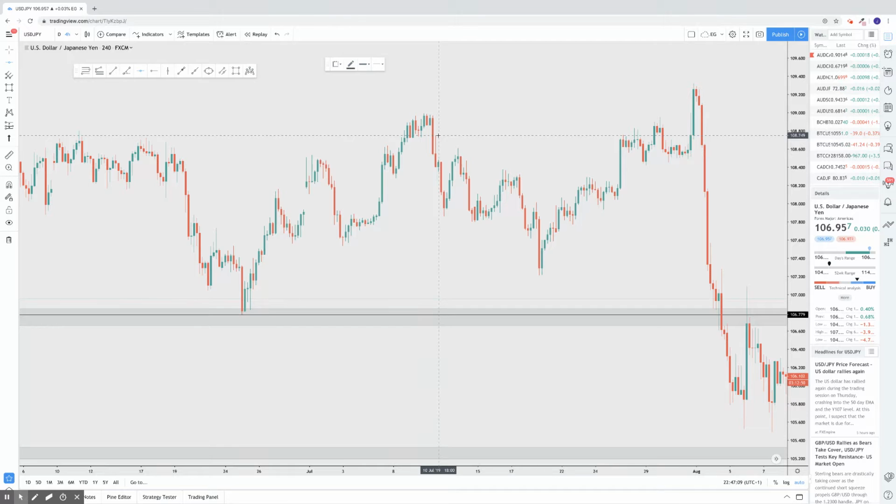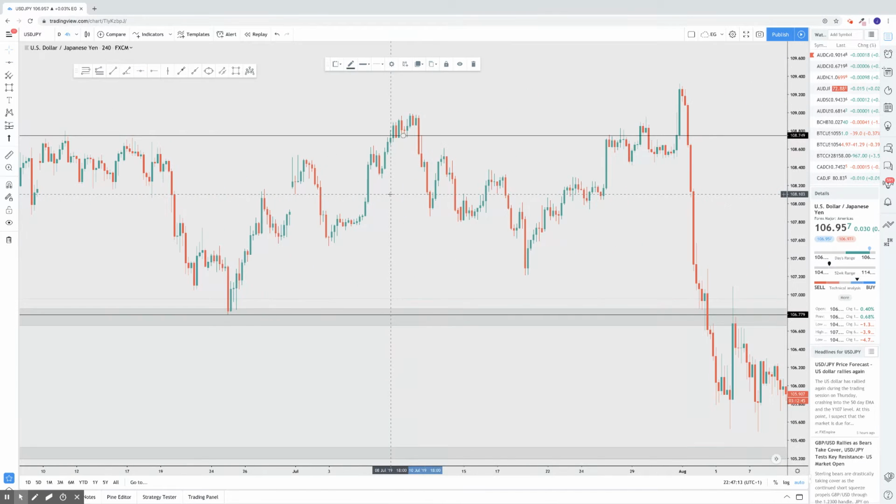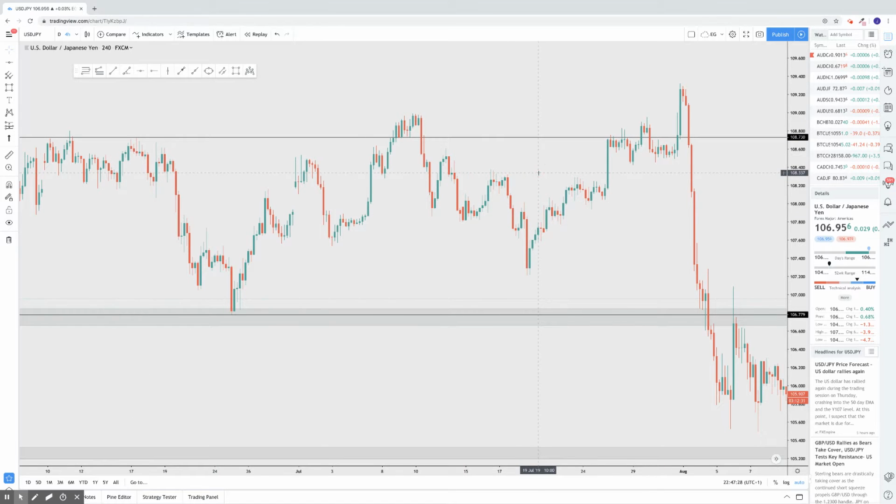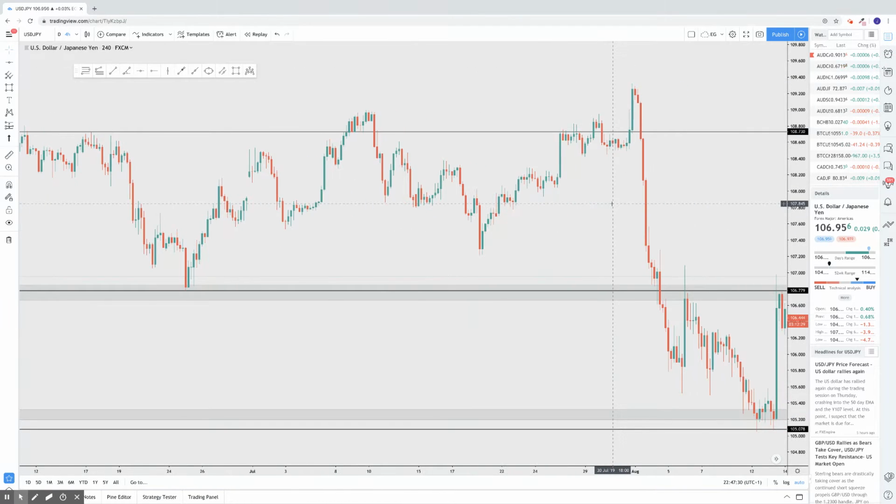We're going to draw a resistance line. I don't fuss over how accurate my resistance lines are. A general rule of thumb is I like to see my line go through as many wicks as I can. But the reason I don't stress over that is price is never going to respect a line.